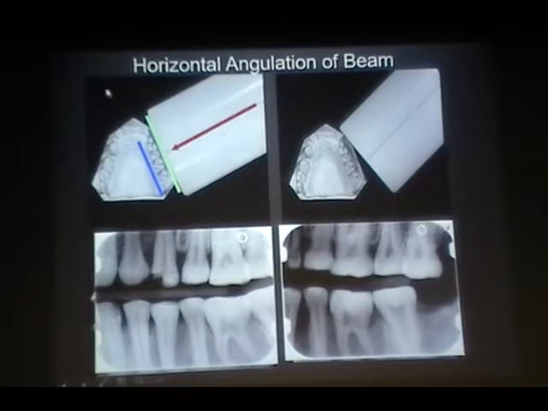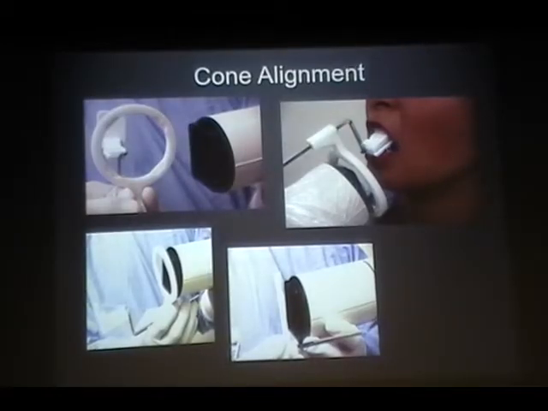As you can see here, this cone is aligned to open the contacts between premolars, whereas this one is aligned so that you can open the contact between first and second molar. So sometimes you may have to make some modifications to obtain what is required for our clinical purposes. Make sense? So cone alignment.